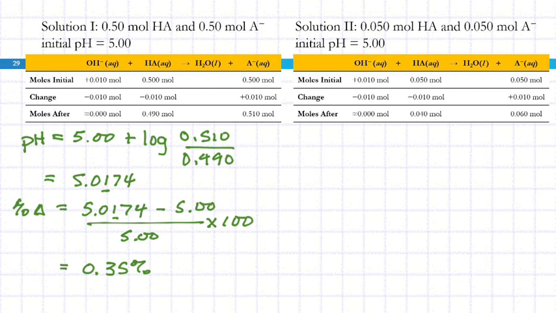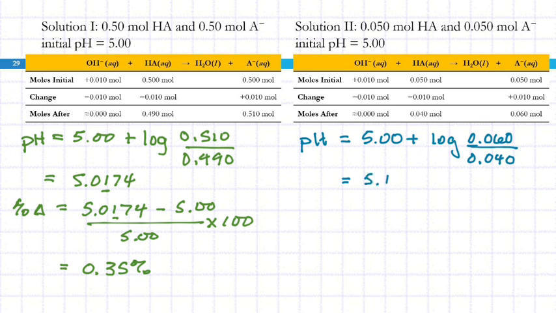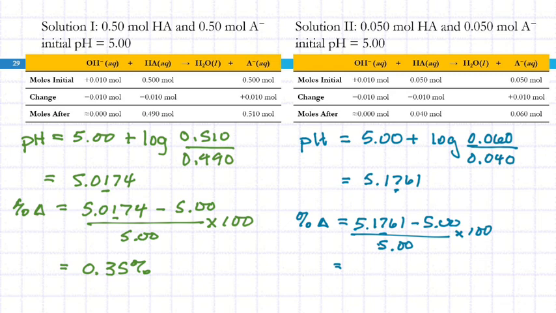And then we'll do the same calculation over here. And our base concentration is 0.060 moles per liter, and the acid is 0.040 moles per liter. 5.1761, and the percent change is 3.5%.